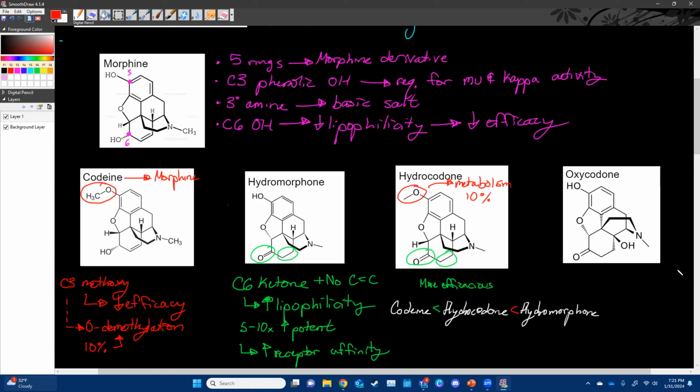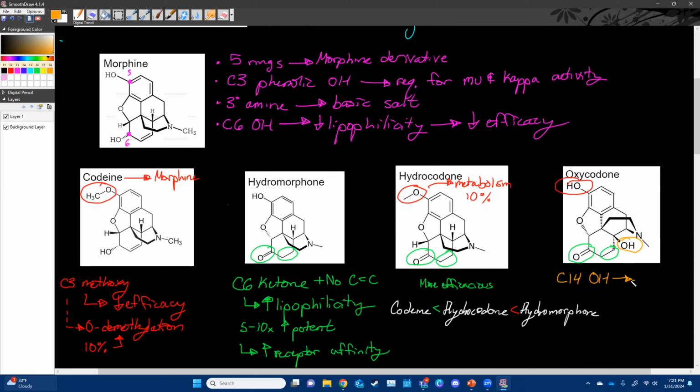So what's going on in oxycodone? Well, oxycodone doesn't require metabolism, and it's utilizing the hydromorphone C6 ketone. The other difference in oxycodone is this C14OH.